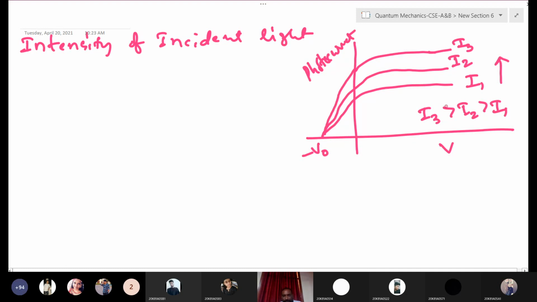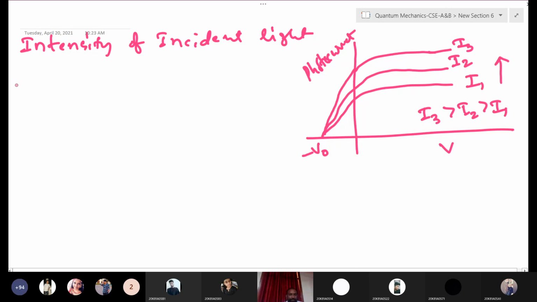If you increase the intensity of incident light, it has more energy, so it will eject more electrons, and we will get more photo current. But the stopping potential will not depend on the intensity.